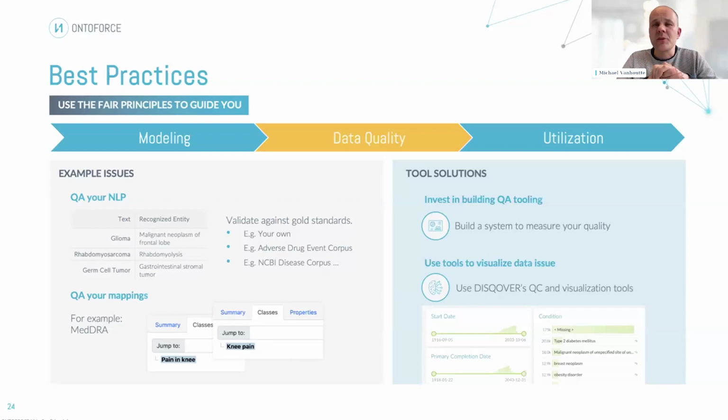There's a simple screenshot here of the visualization of, I believe, clinical trials that we're looking at, where you can easily see, using the facets that are there, where conditions are missing, what the start date and the end date were, how many enrolled people there were. If you all of a sudden see something of 500 million enrolled people in a clinical study, then possibly there may be something wrong there.